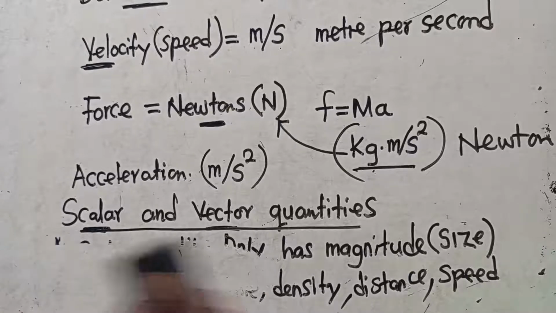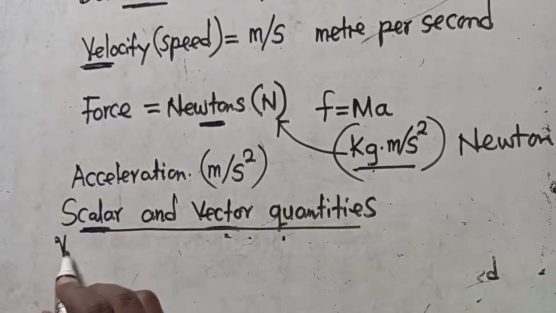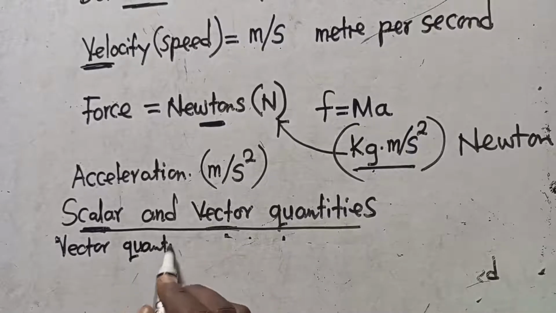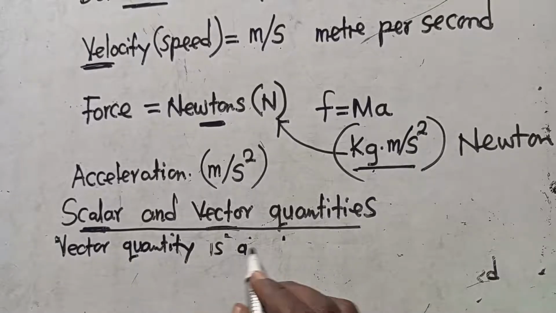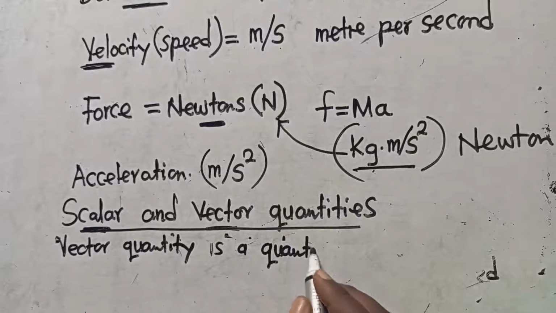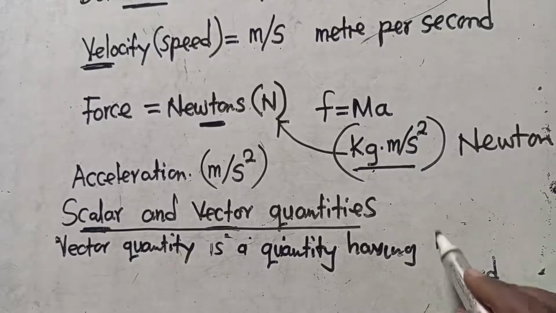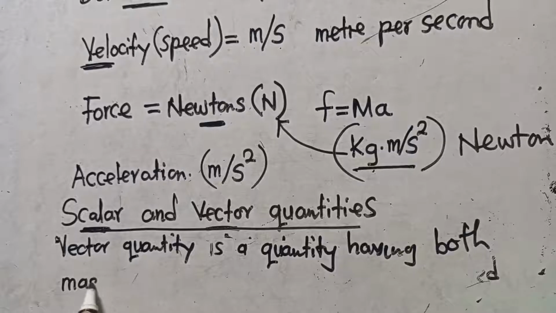How about now a vector quantity? So let us look at a vector quantity. What is a vector quantity? So a vector quantity is a quantity having both magnitude and direction.